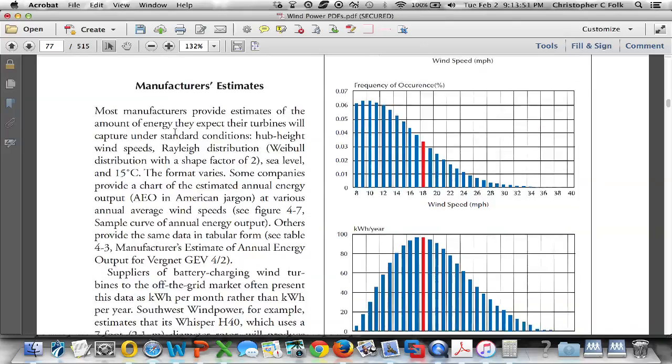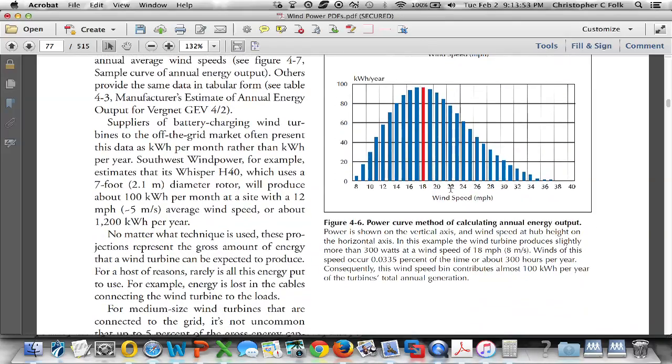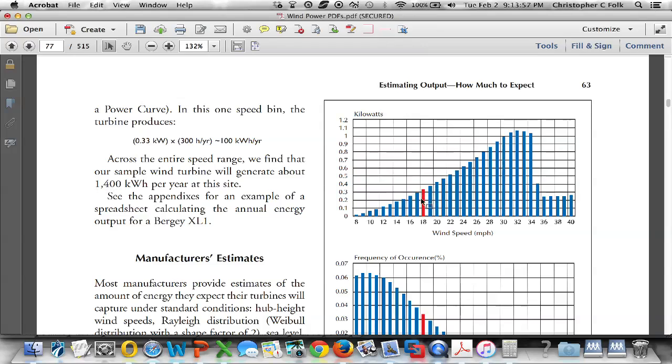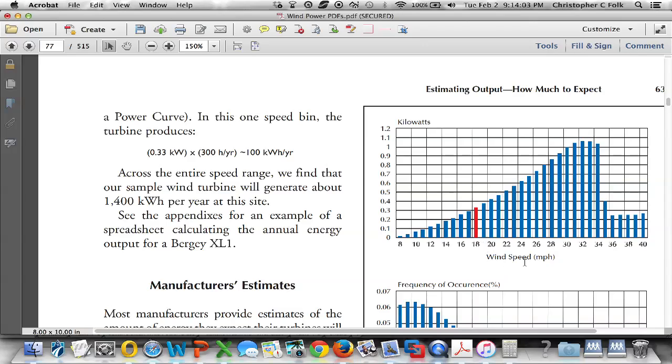Okay, this is chart 4-6. This is a power curve. And on this power curve, notice we've got red highlighted here to indicate 18 miles an hour along the bottom. And on the y-axis, we're going to see the amount of power that's available. So, wow, when the wind's blowing 18 miles an hour, I'm only making about 330 watts.